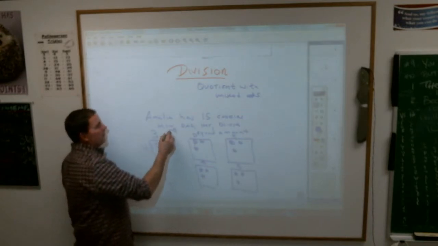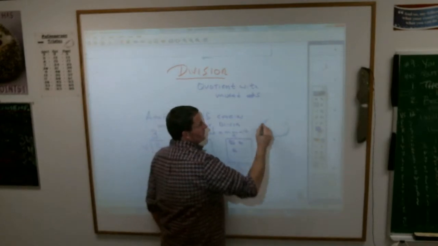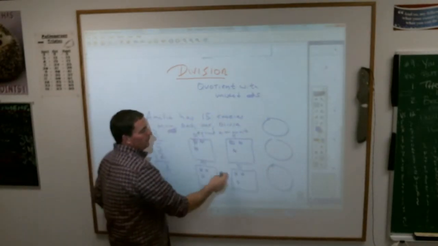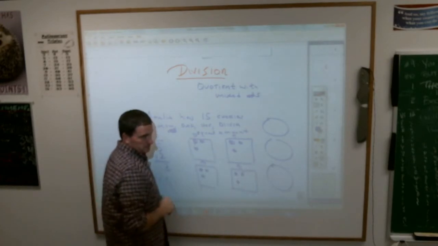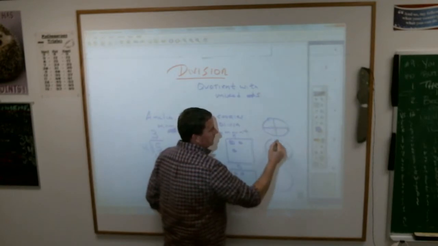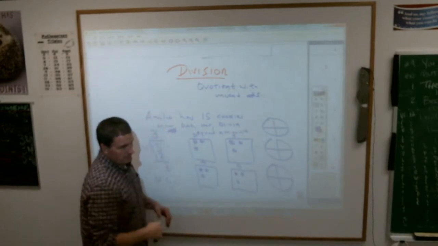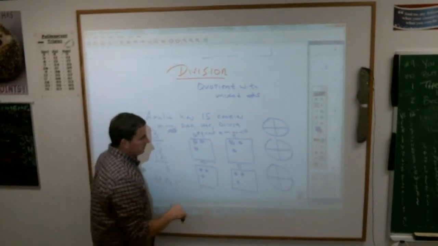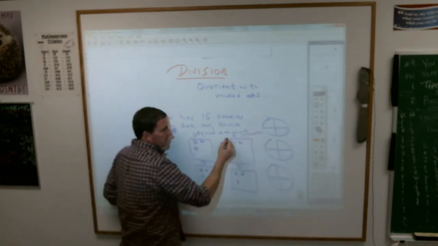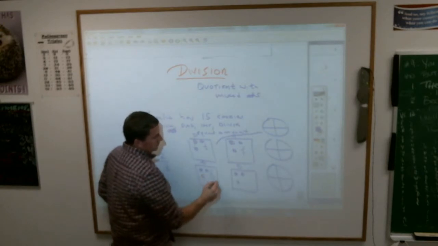One way she could think about it is doing this. Since she's got 3 cookies left over, and she's got 4 people to give them to, she could take each cookie, cut it into 4 equal pieces, and then give everybody one of those 4. So she would give 1 quarter to each person.